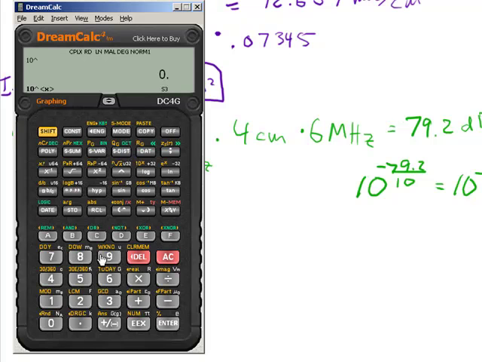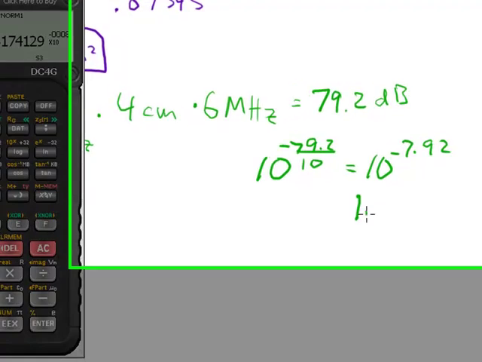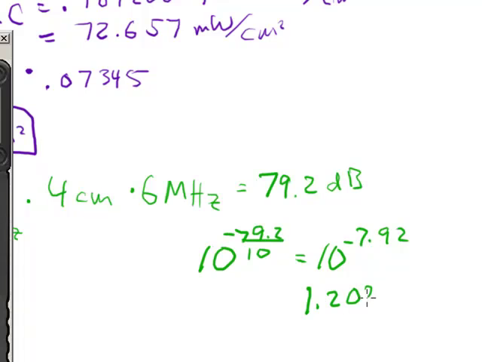Try that again. 10 to the negative 7.92 power. There we go. That comes out to be 1.20226 times 10 to the minus 8th power.